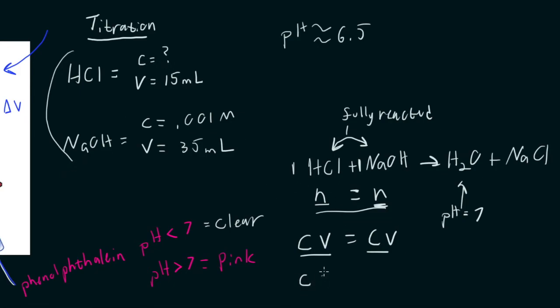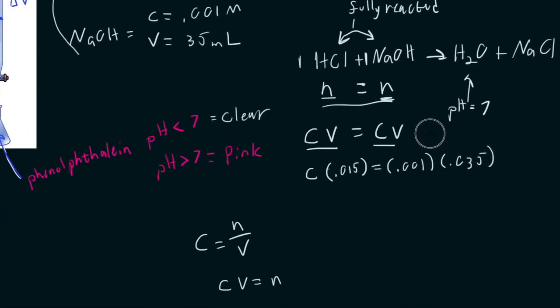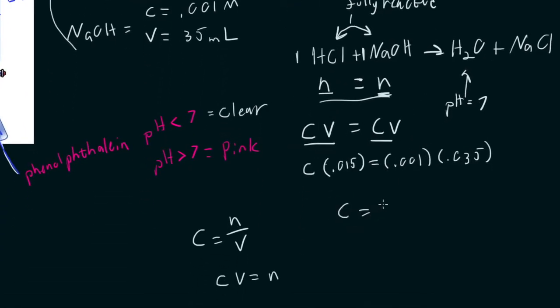My volume that is known, that 15 milliliters, it's going to be 0.015 liters, will be equal to the concentration here, that's 0.001, times the 35 milliliters, that's 0.035. Then I just rearrange this equation, and I'm going to get concentration equals 0.001 times 0.035 divided by 0.015.